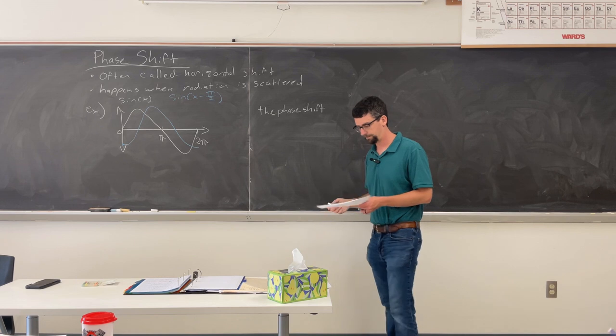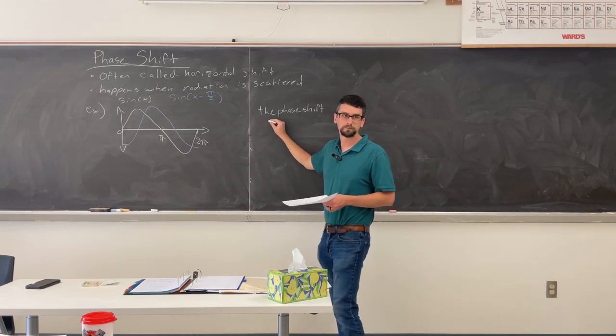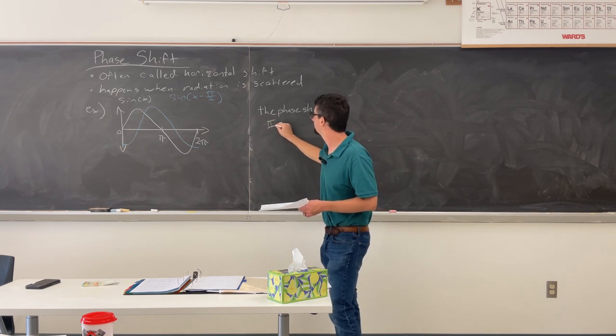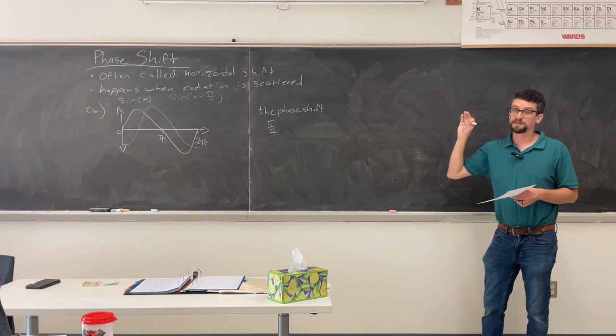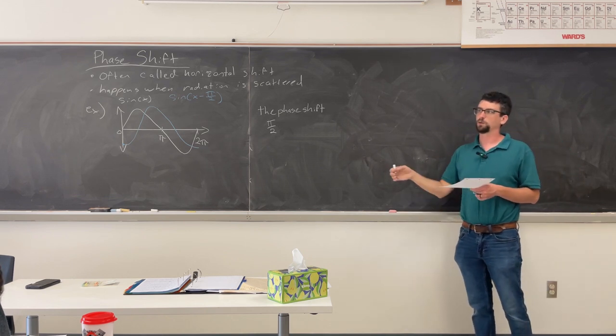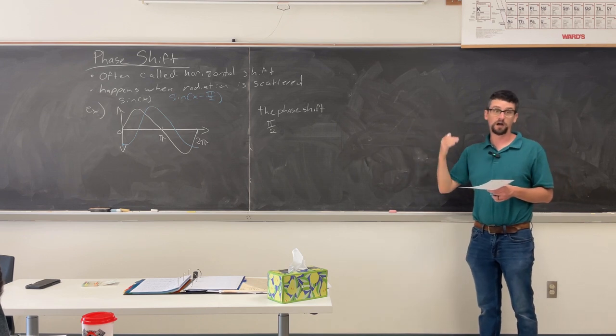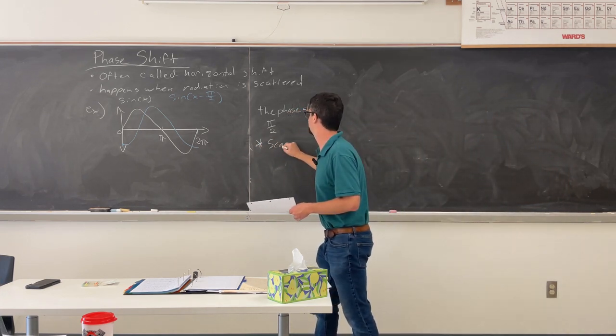The difference is pi over 2. The scattered wave is the one that's considered shifted, so it's all relative to the unscattered wave, which is important.